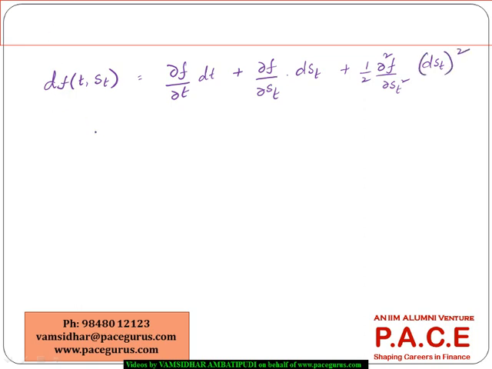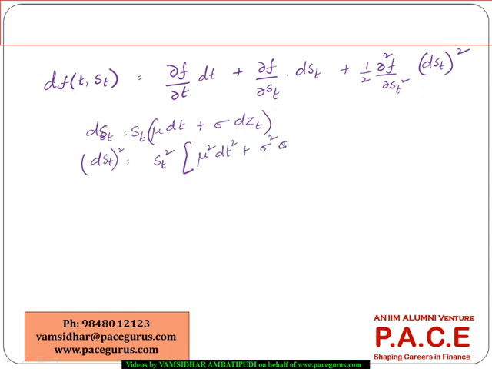Now I know dS_t, we have already worked out that dS_t is S_t times (mu dt plus sigma dZ_t). So squaring dS_t, it is S_t squared multiplied by (mu squared dt squared plus sigma squared dZ_t squared plus 2 mu sigma dt dZ_t). This is the expansion.